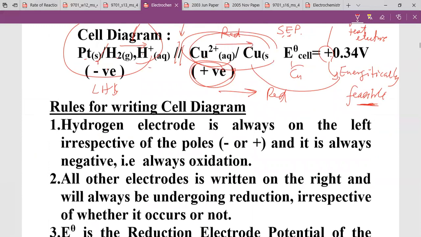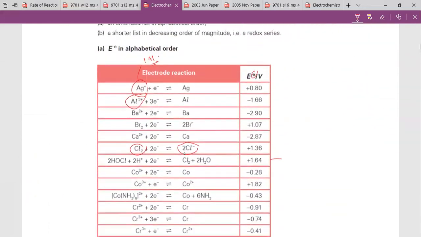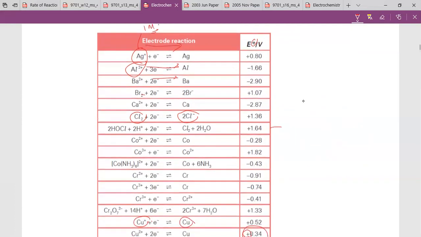That's why the table here is all reductions, because you compare with hydrogen. So it is very beautifully done, even though it sounds quite weird. It doesn't happen how I write it. Negative here means it won't happen. It will happen the other way.